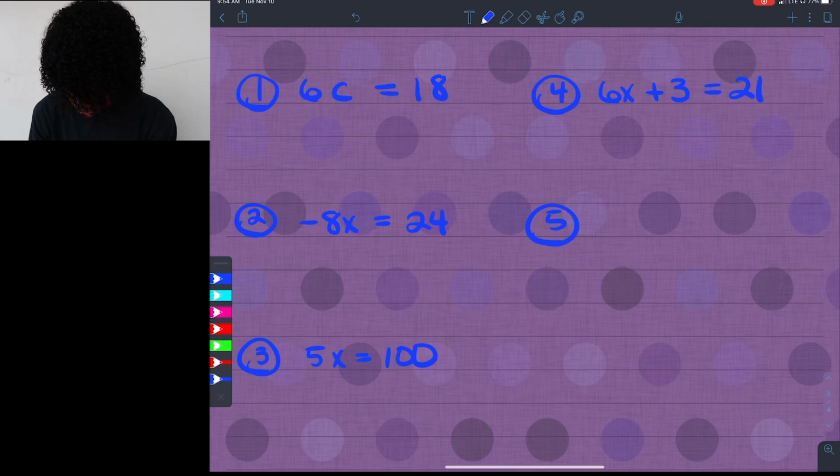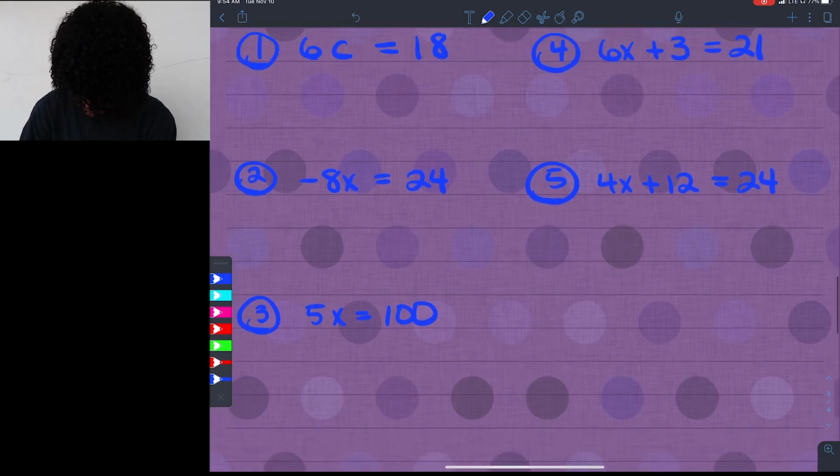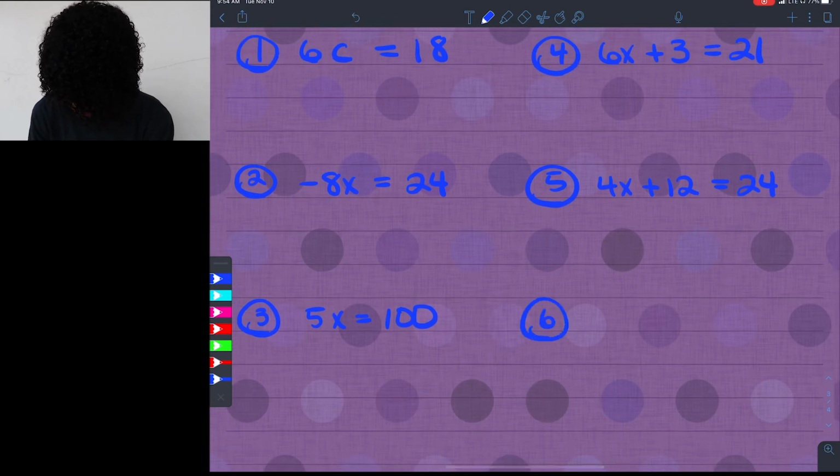Let's do 4x plus 12 equals 24. And let's do 7x minus 4 equals 24.